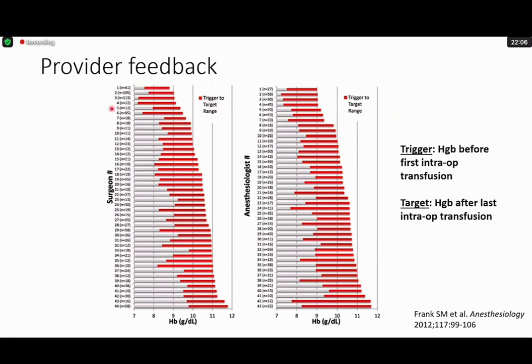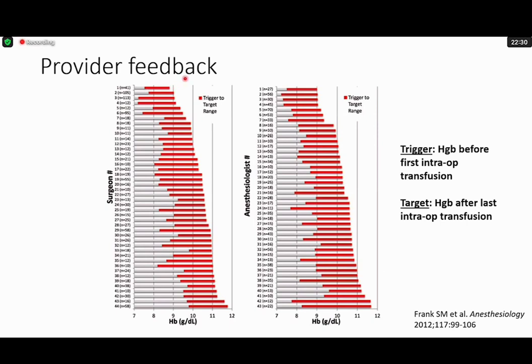And for each of the surgeons, or each of the providers, they found out the average trigger, as they call it, which is the hemoglobin before their first intra-op transfusion. That's the beginning of the red line. And then the target, the hemoglobin after their last intra-op transfusion, is the end of this red line.